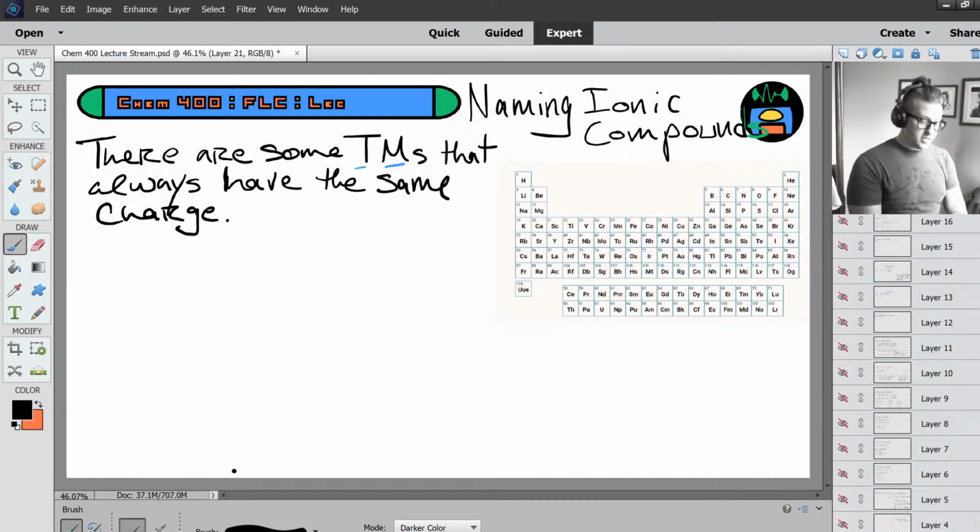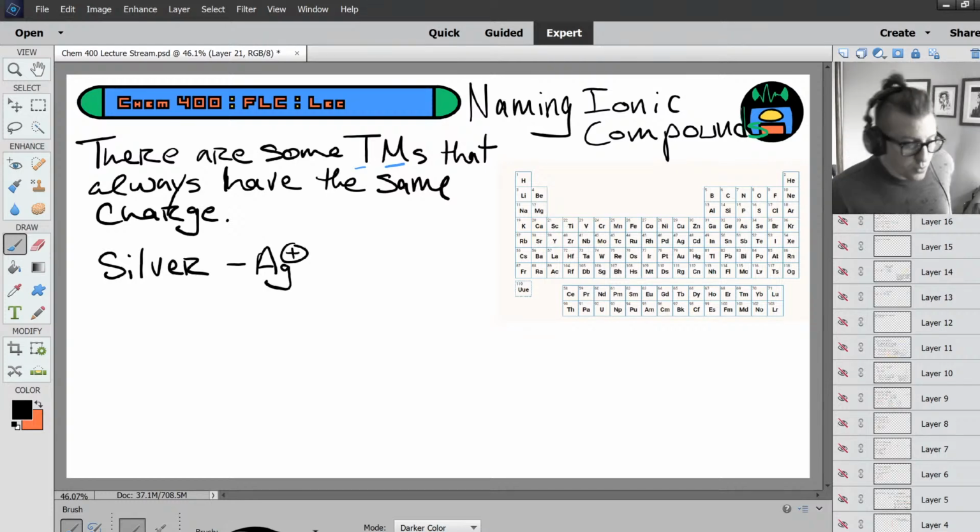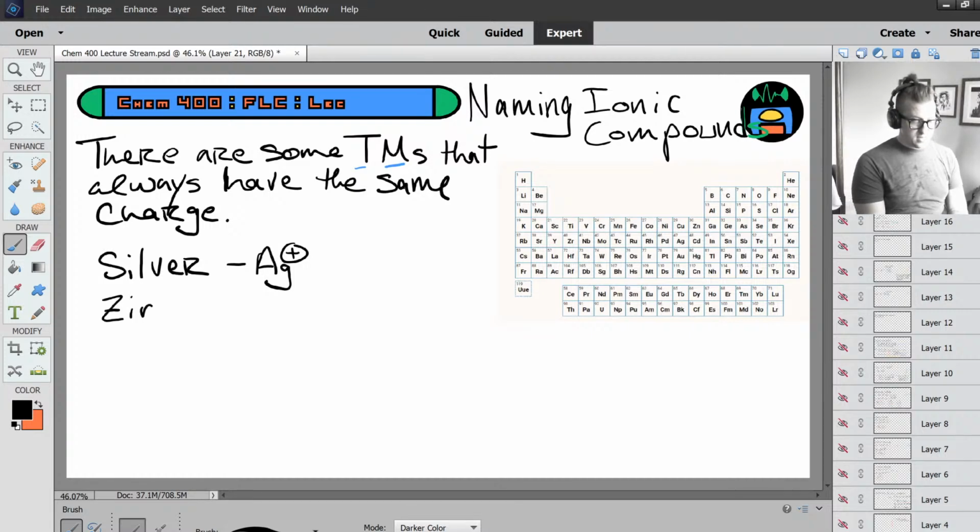And so it's understood and used as shorthand in the community that when you say, for example, silver, it will always have a charge of +1. All right. So you don't always see silver with a Roman numeral I written in parentheses because it's understood silver's always +1. Zinc is another one. Zinc is always +2.